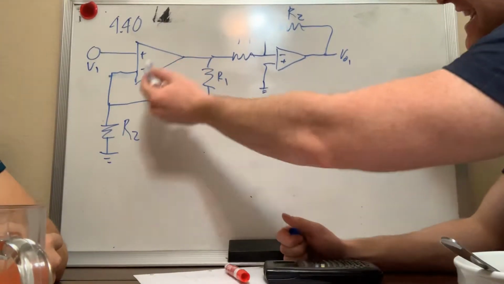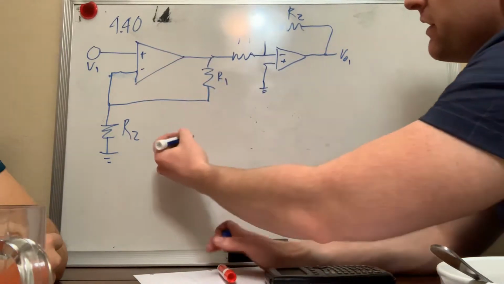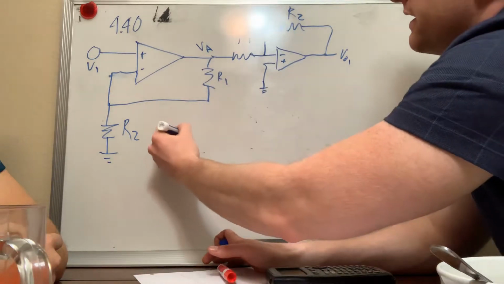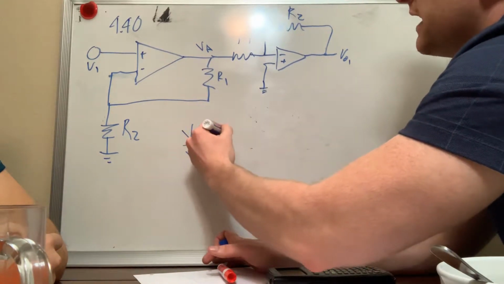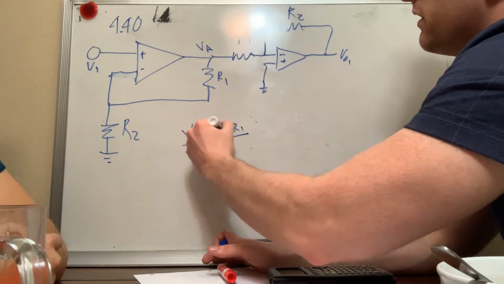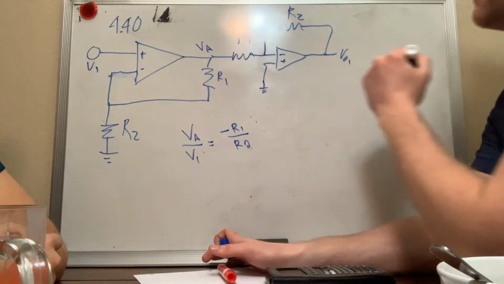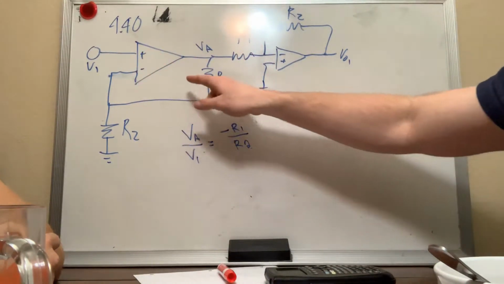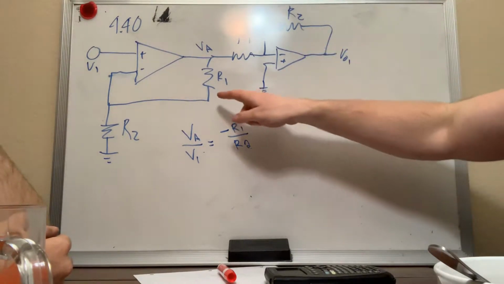The gain of this stage alone, if we call this VA like we did before, VA over V1 equals negative R1 over R2. Okay, this comes from just analyzing this stage isolated by itself, right?